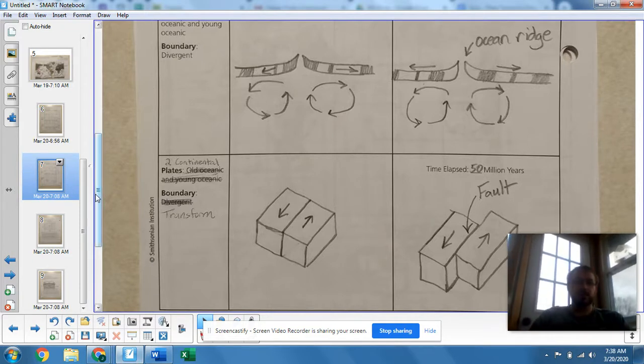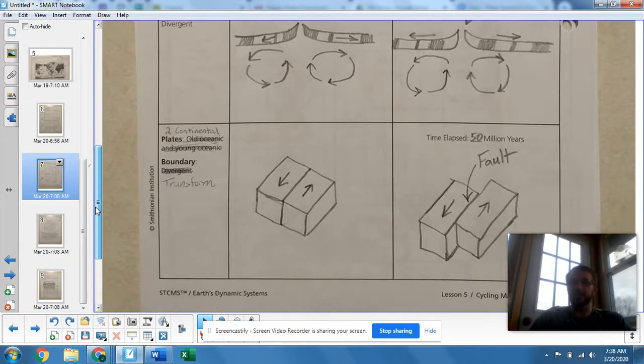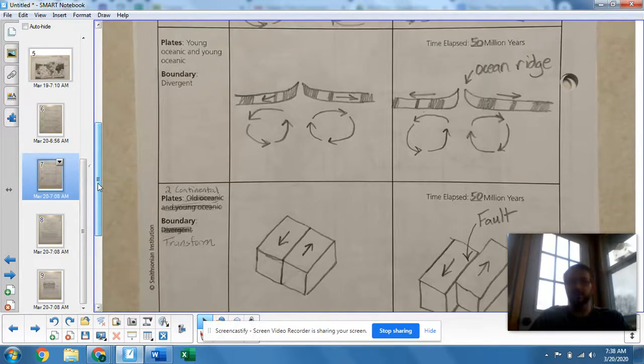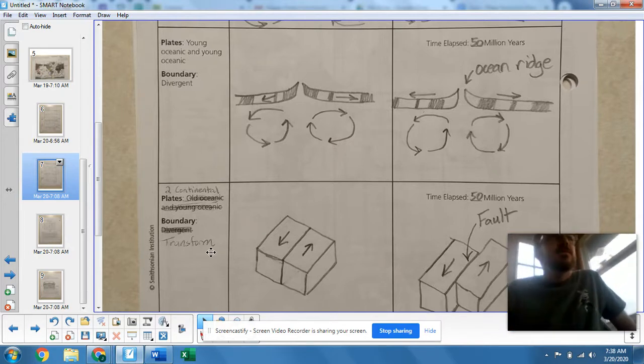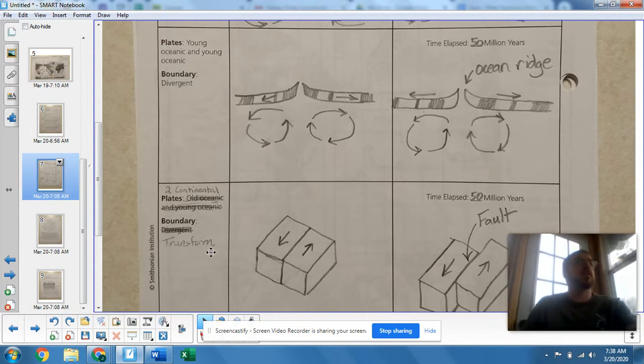But we haven't really talked about earthquakes, if I remember correctly, but any of these boundaries you can have an earthquake form. Doesn't matter if it's a divergent like we have for the ocean ridge, doesn't matter if it's transform, doesn't matter if it's convergent. They're all going to form volcanoes, they're all going to form earthquakes.